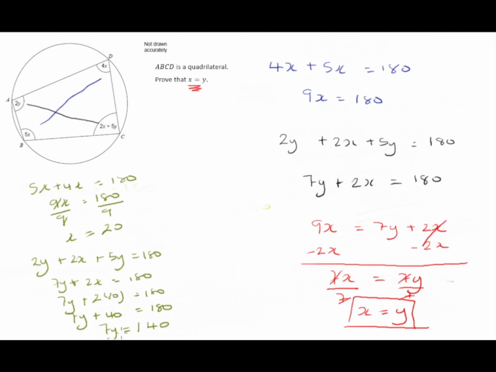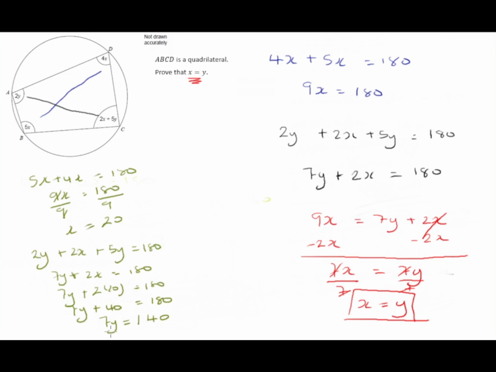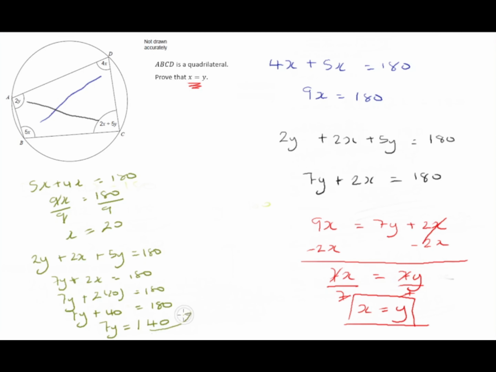Now from here, we can go right ahead and solve for y. 7y is equal to 140. Divide both sides of the equation by 7. y is equal to 20. So here we go, y is equal to 20.